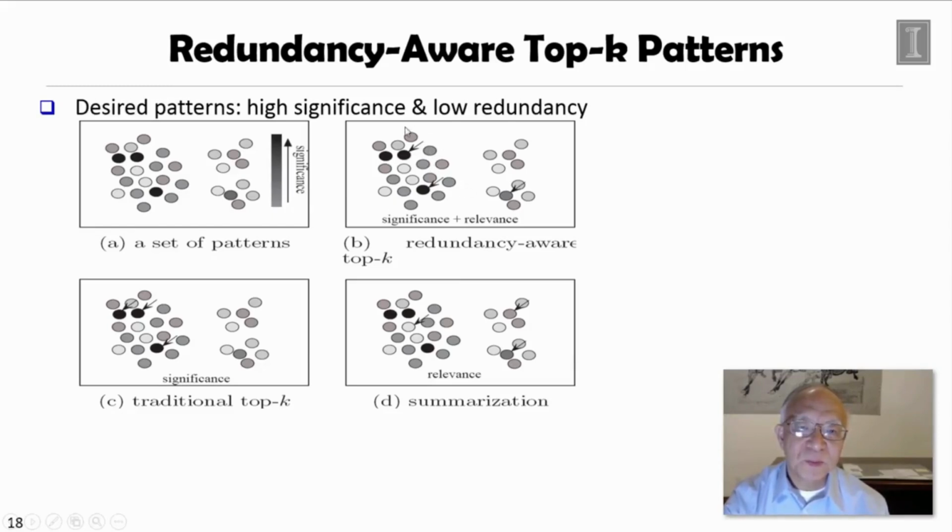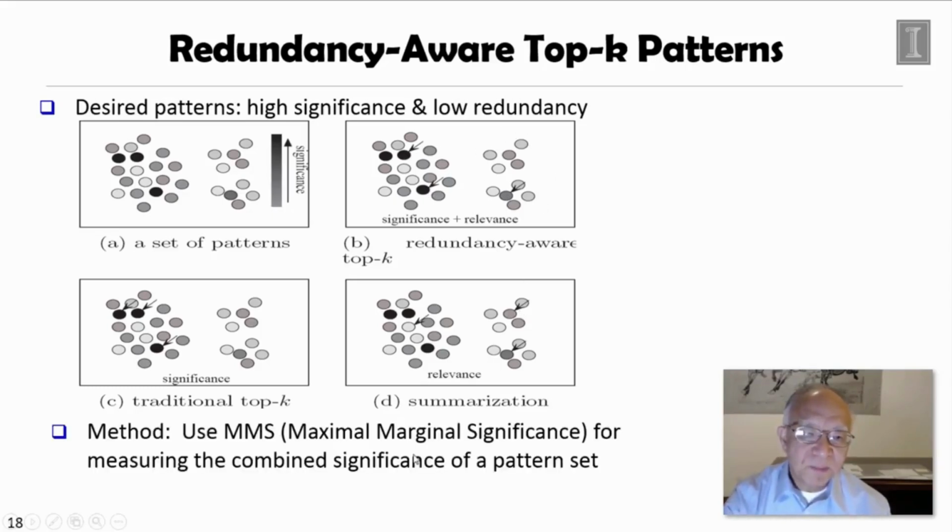Look at this one: these are very significant, and they are also at the cluster center. You may want to show these patterns. Suppose you can only show three, you may show these, which are significant and less redundant. This one is significant, and it also represents this cluster.